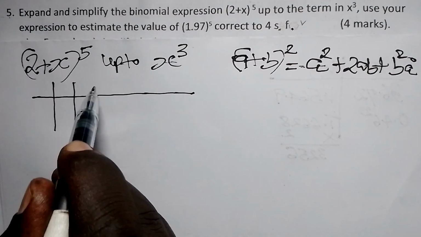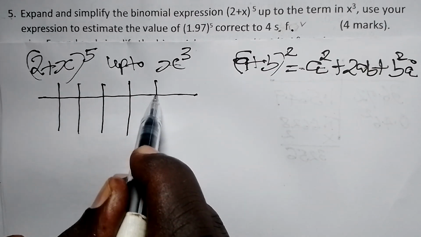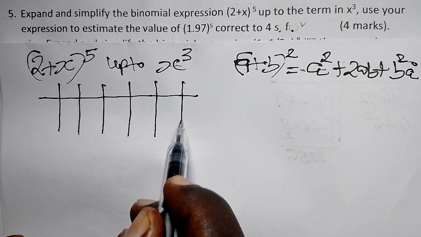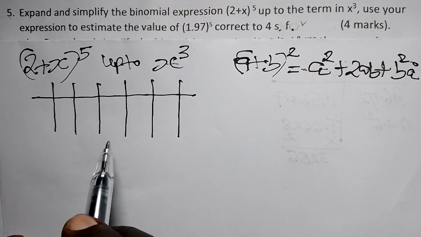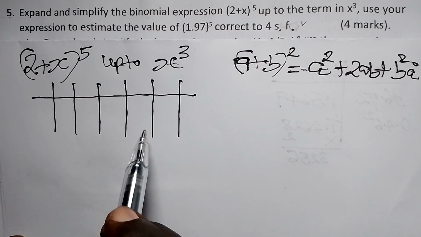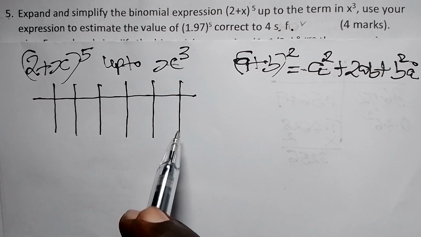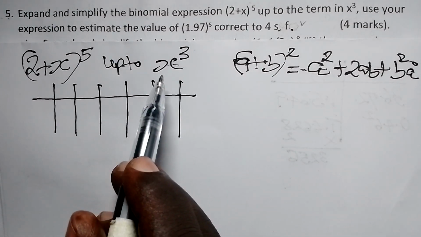When we draw a table like this, we get the coefficients of expansion from Pascal's triangle.